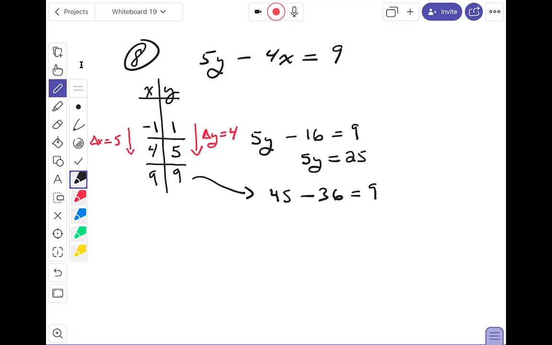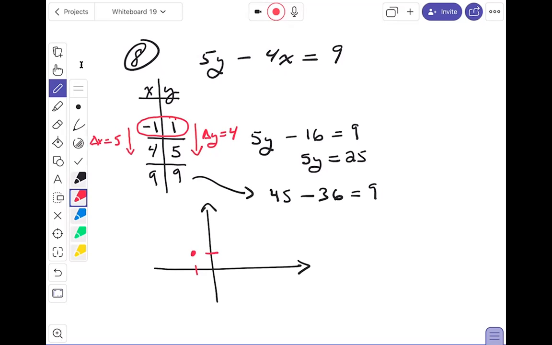All right? So what was the question? The question was to graph the line, given that relationship. Well, I'm going to put that down for you now. I'm going to circle the numbers I want to use. I like this ordered pair because it's easy. Minus 1, 1. That's done. The other point I find easy is 4, 5.